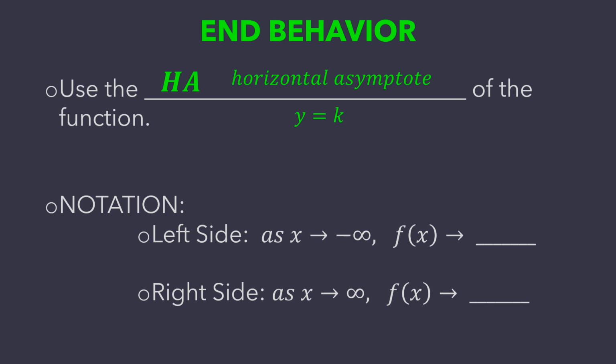As x approaches -infinity to the left, f of x, or the y values, approach k, whatever the value of that horizontal asymptote is. And on the right side, as x approaches positive infinity, f of x, or the y values, again approach k, the value of that horizontal asymptote.